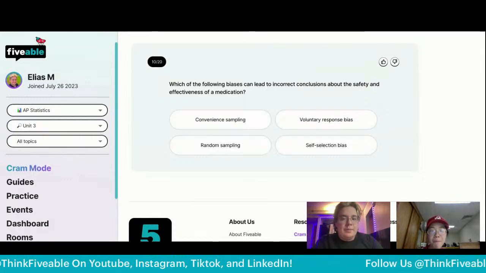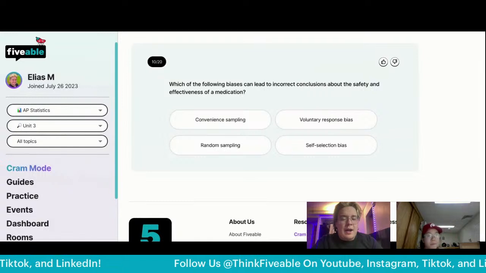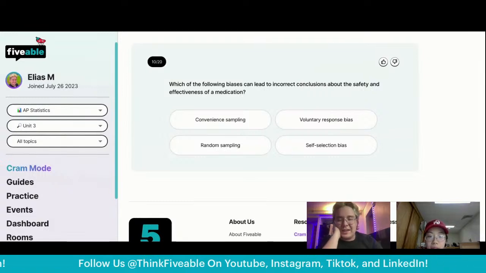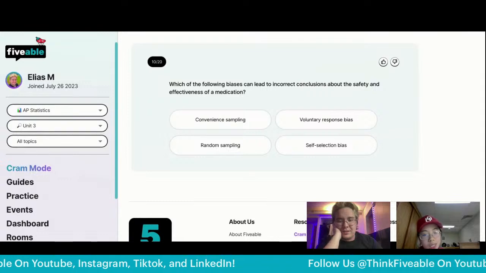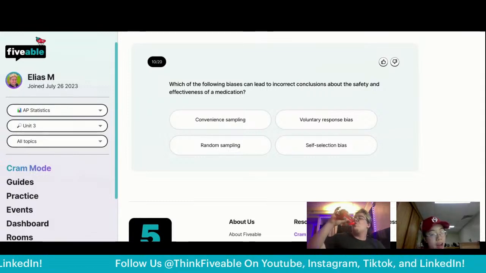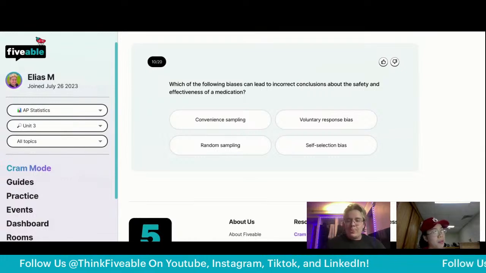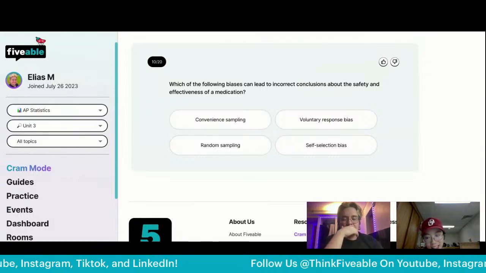You might guess voluntary response, but I'm not totally sure with this one. I'm not sure if it's voluntary or self-selection. Because my thoughts with voluntary response is like, if you didn't have a problem, you're not likely to say anything. But if you had a problem, you're likely to complain, which overinflates the danger of the medication.